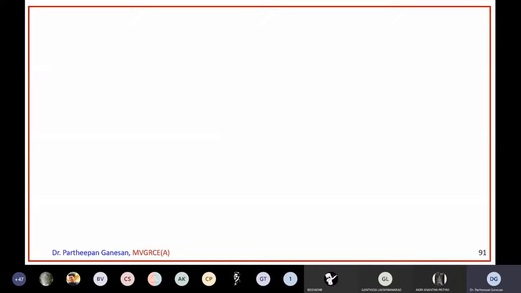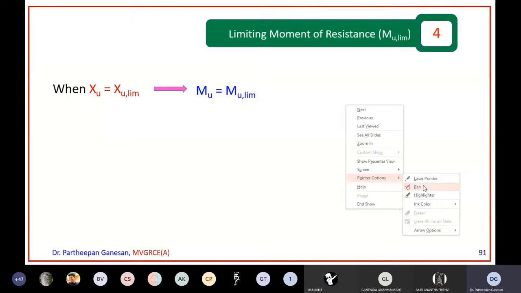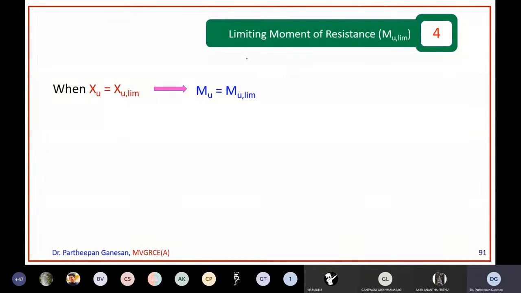This and all we have seen. So your original equation stands for M is equal to 0.36 FCK Xu into B into D minus 0.42 Xu.